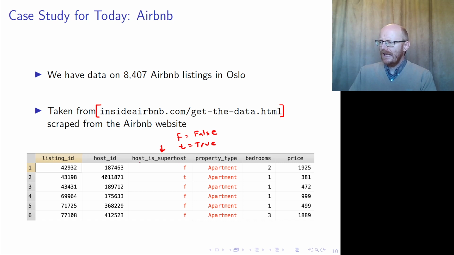So if the host is indeed a superhost, then you have a t for true in this column, and you have the property type, and that would also include house and other, maybe just a room. And here you have the number of bedrooms, and you have the price per night.